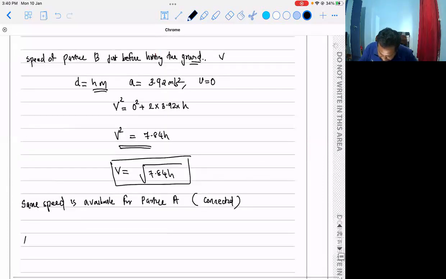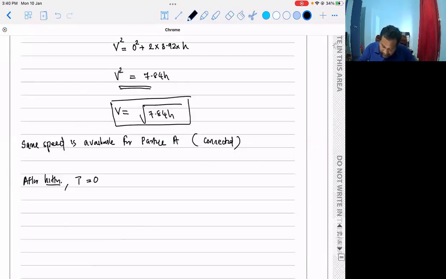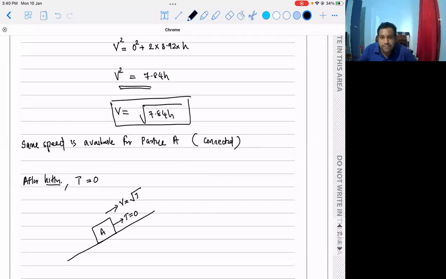After hitting, the tension on the string becomes 0, because it's slack. If I'm drawing the free body diagram of A, there is no tension. And its initial velocity is root of 7.84 h, since it is moving upward. Still, two downward forces act.